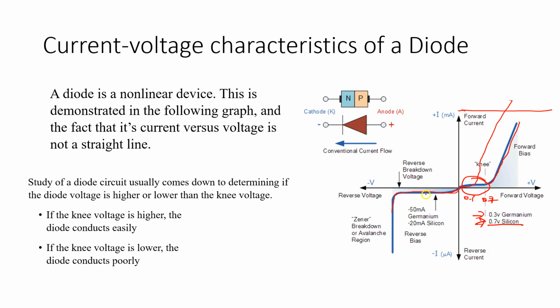What this is telling us is that, based on this, we're seeing that there's a very small current flowing. But even with increasing voltage, up to a point, it will not be conducting, because there is not a variation in the current and the voltage at the same time.